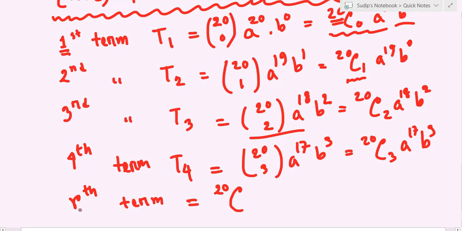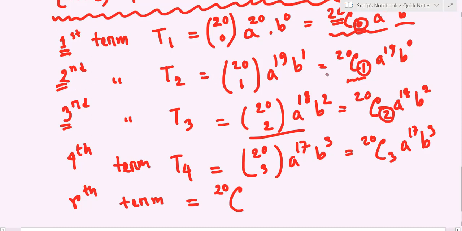R can be any number. So for the rth term, you can see that when it is the first term, at the tail of the C we have 0. When it is the second term, we choose 1. When it is 3, we choose 2.